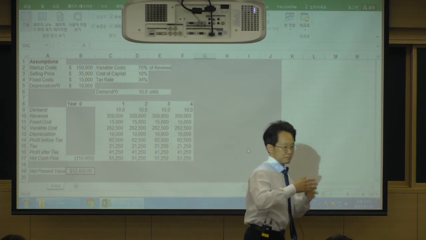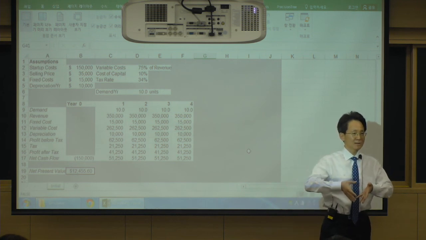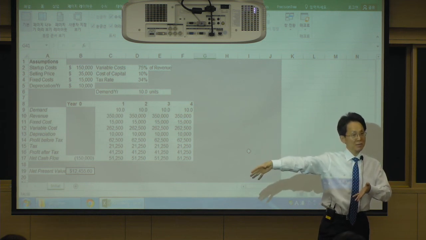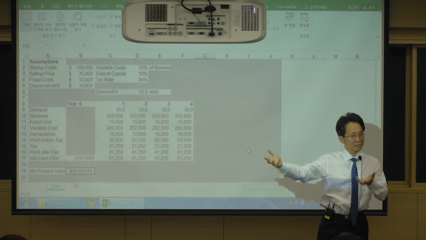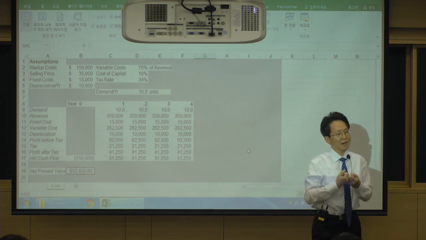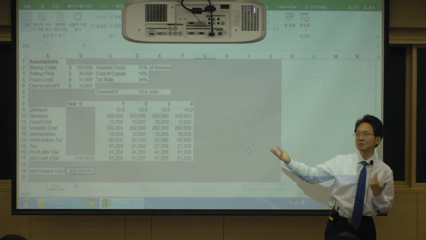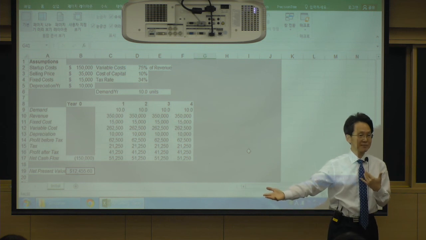Okay. Let's say I have $100 today, and I will have $100 next year. Are these $200 the same value? Not, right? Because if I have $100 today, it'll be probably $105 if the interest rate is 5%, right?